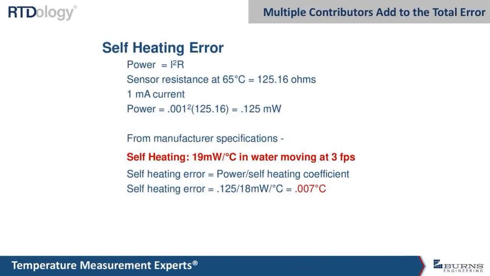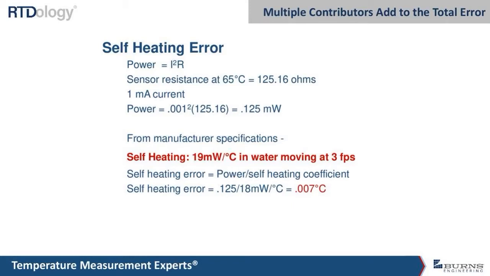And if you plug in the right current, and typically 1 milliamp is what's used in a lot of peripherals that PRTs are connected to, there's this I squared R, and we can go through this calculation.